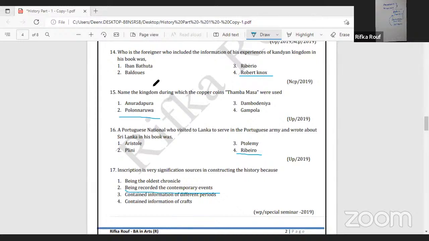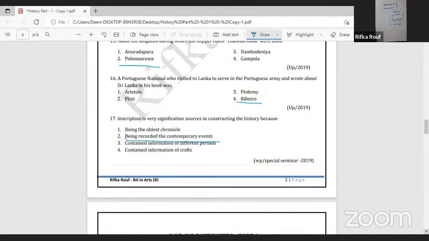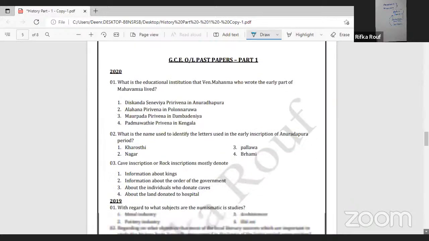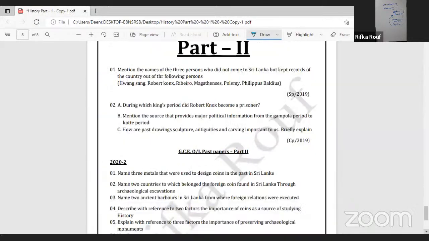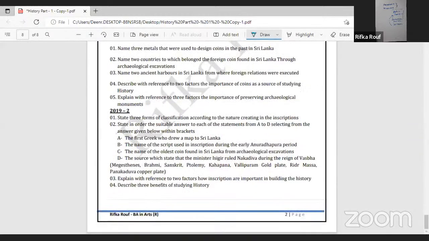So this is how our class is going to be, children. For every lesson, I'm going to provide a tute like this, and the past papers as well as the essay type questions we are also going to discuss.